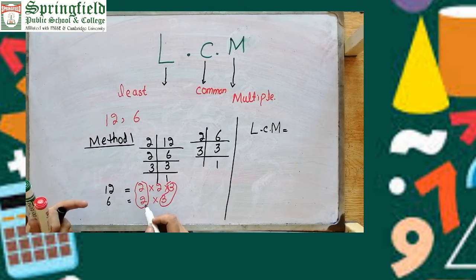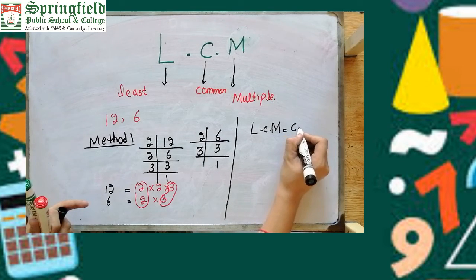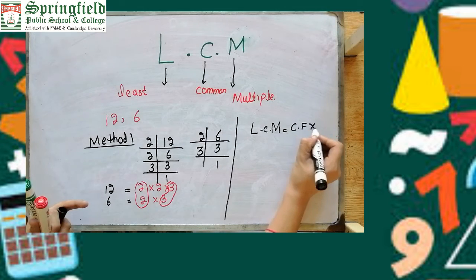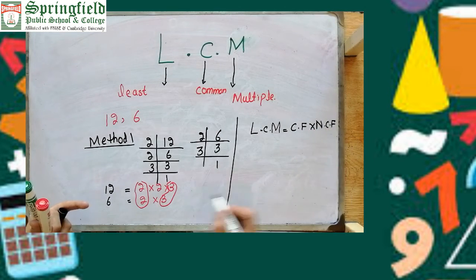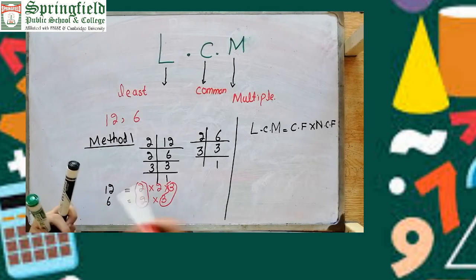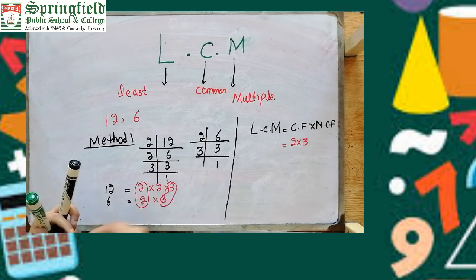LCM has a formula, and the formula is the multiplication of common factors with highest power and non-common factors with highest power. Common factor multiply non-common factor. Okay, first we will write the common factors. Common factors are 2 multiply 3.